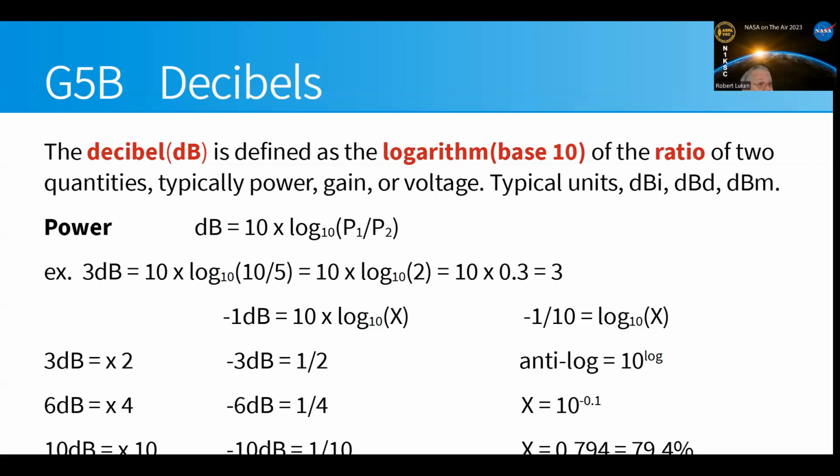Just add zeros. 60 dB is going to be 1,000,000. Right? If you got a 1500 watt amplifier on your radio, you're going to be putting out about 61 dB in milliwatts.